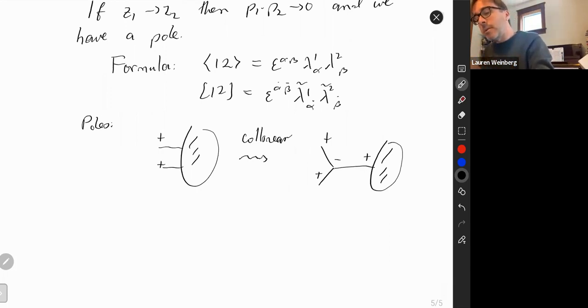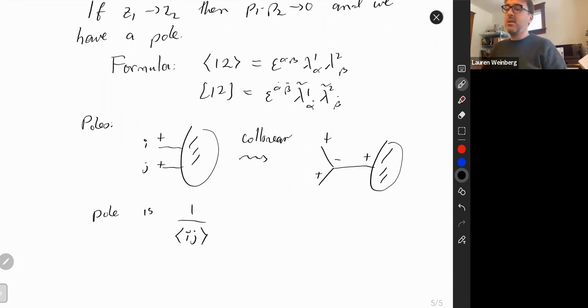So this state is i and j, 1 over ij. I have two positive helicity states. When they come close together, they become one positive helicity state, and I get this polar term, 1 over ij.